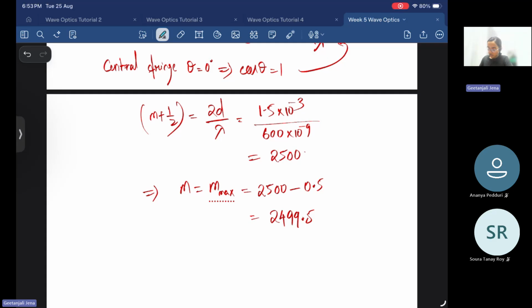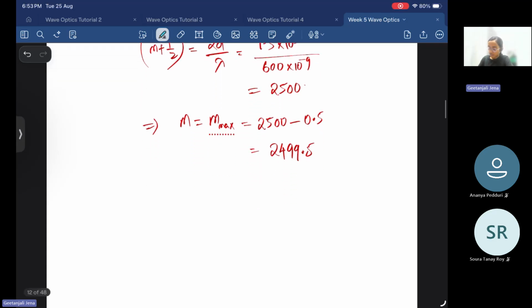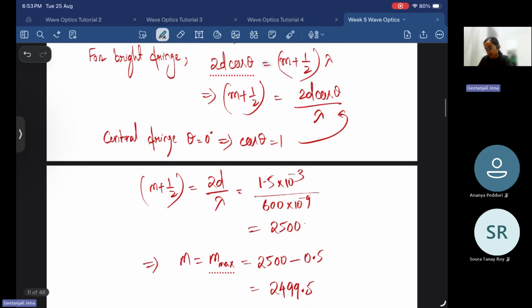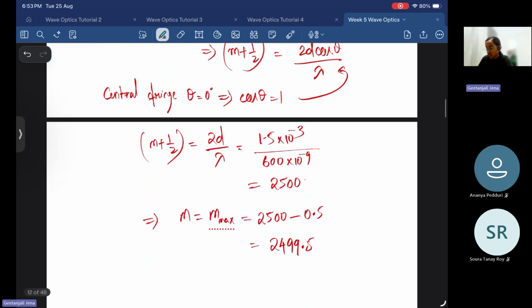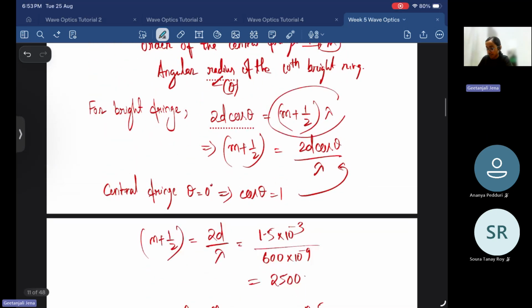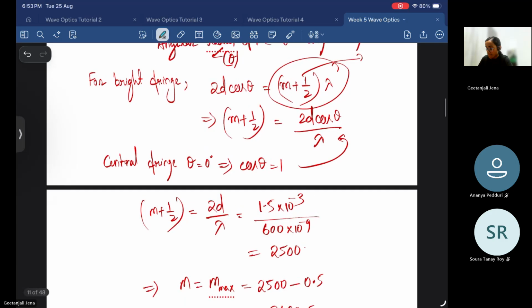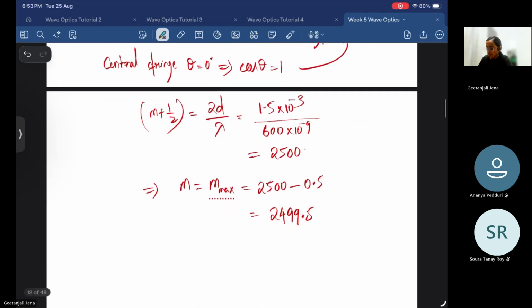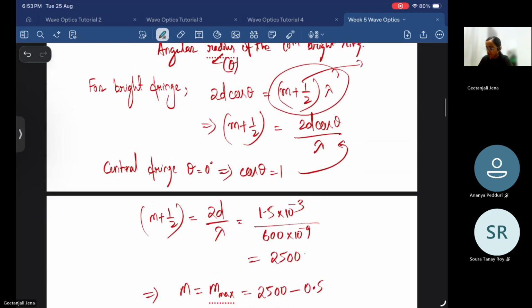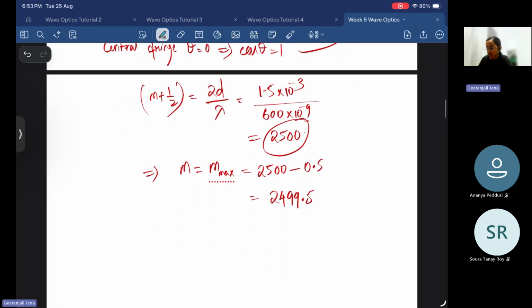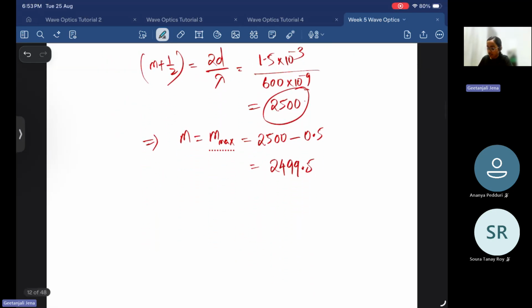Okay, so let us calculate that also. The main difference is that we need to consider the condition for this bright fringe. So for the m value, if you take 2D cos theta equal to m lambda, then we'll get a value of this. But because it is a central fringe, we'll get a value of this.